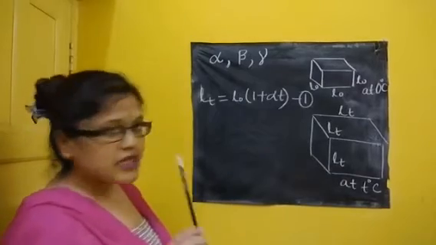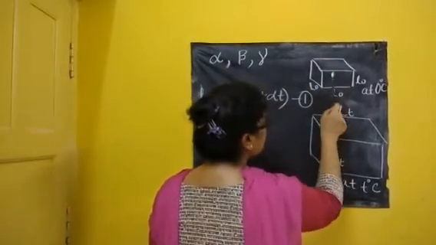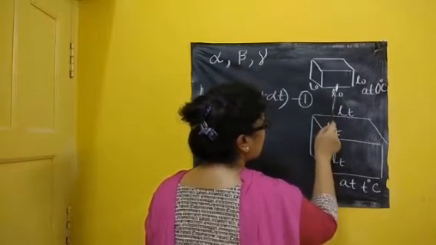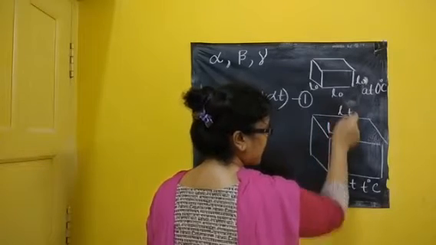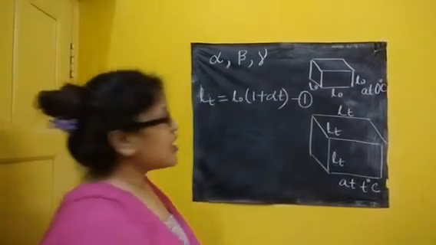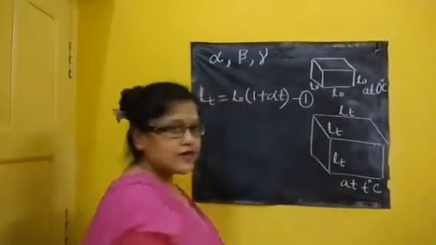How much has the surface area changed? If this is the surface area I am considering, what will it be? Length into length, so L0 square is the initial surface area and LT square is the final surface area.